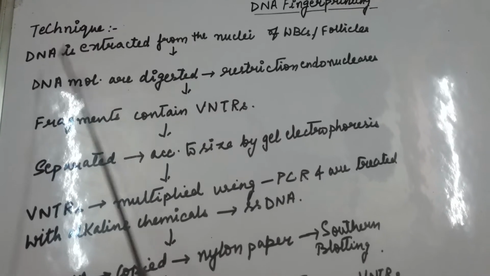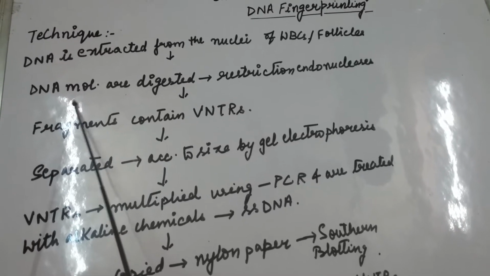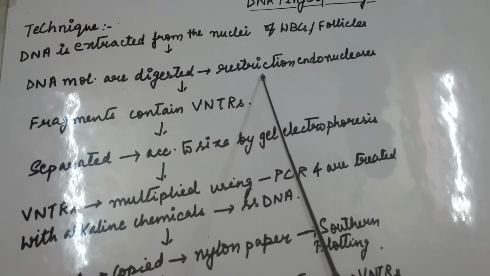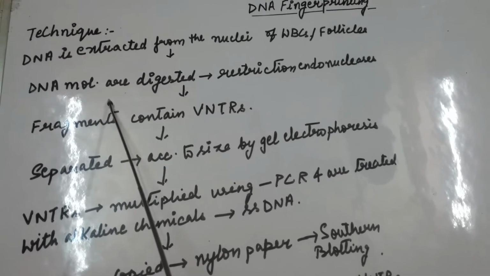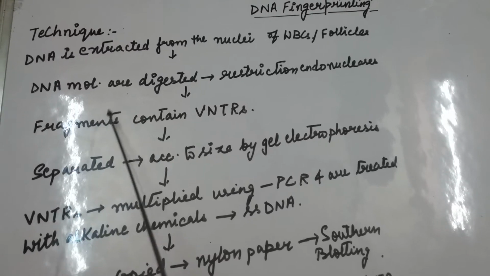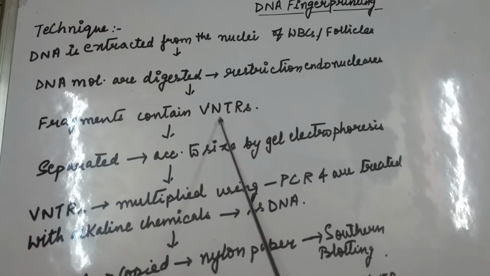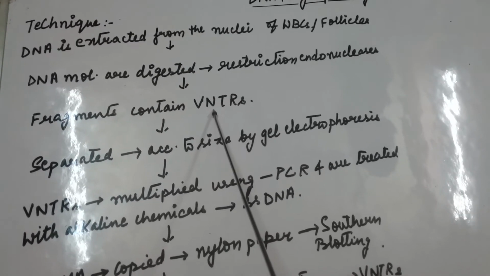The DNA molecules are then digested with restriction endonucleases that cut the DNA molecule into various fragments. These fragments contain VNTRs, the variable number tandem repeats.